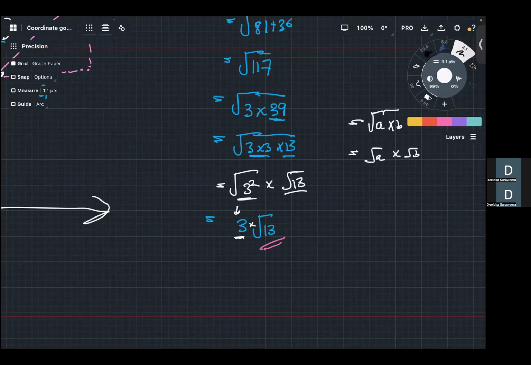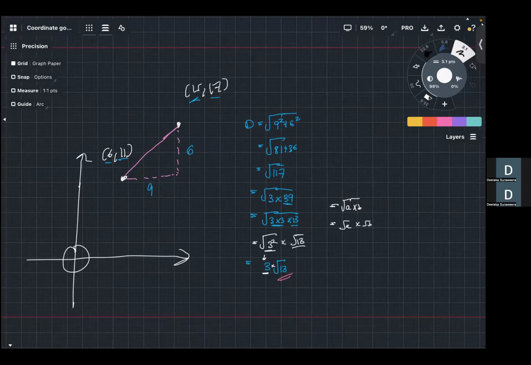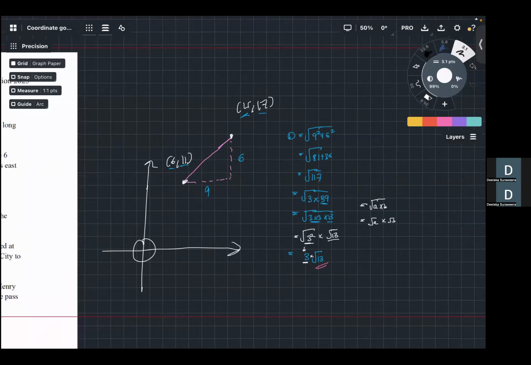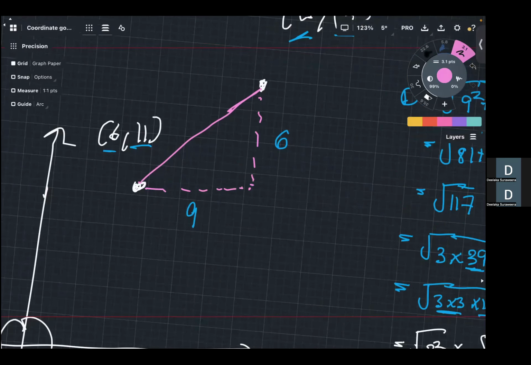Now, I don't do that every time because it's a waste of time. But yeah, that's how you simplify the surds. It's a helpful thing to do. And another tip is, if you want to completely avoid having to simplify the surd, you can actually do this. Notice how both of these are multiples of 3.